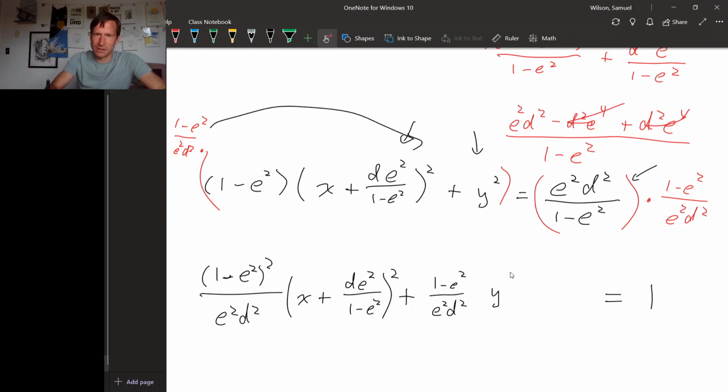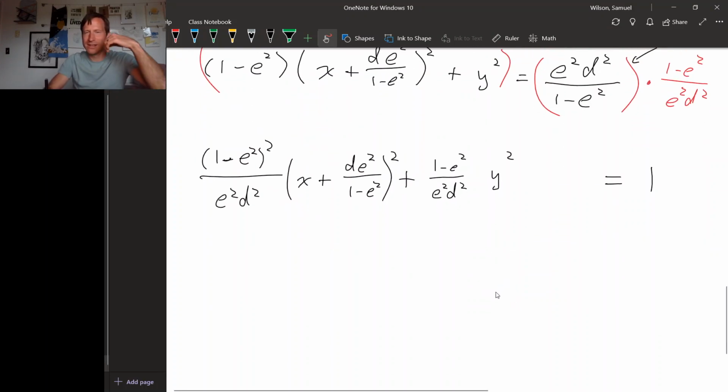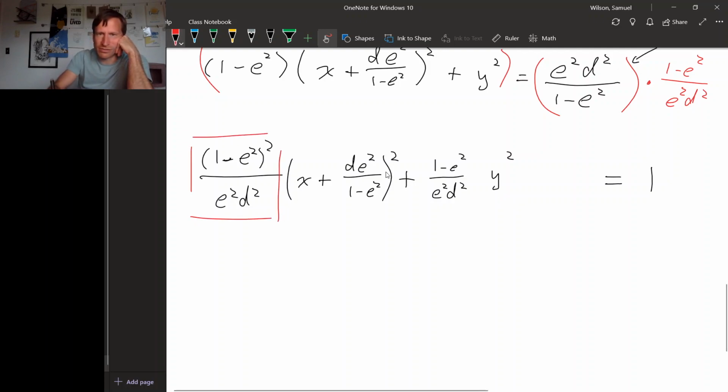times y squared. Okay, so now we're really close to having this look like a conic section equation that we're used to. All we need to do is write it so that the x squared part and the y squared part are in numerators, and these pieces that have all of these constants in them are in the denominators. So that would give us, right, you can always make that happen just by putting this in the denominator, but replace it with its reciprocal.